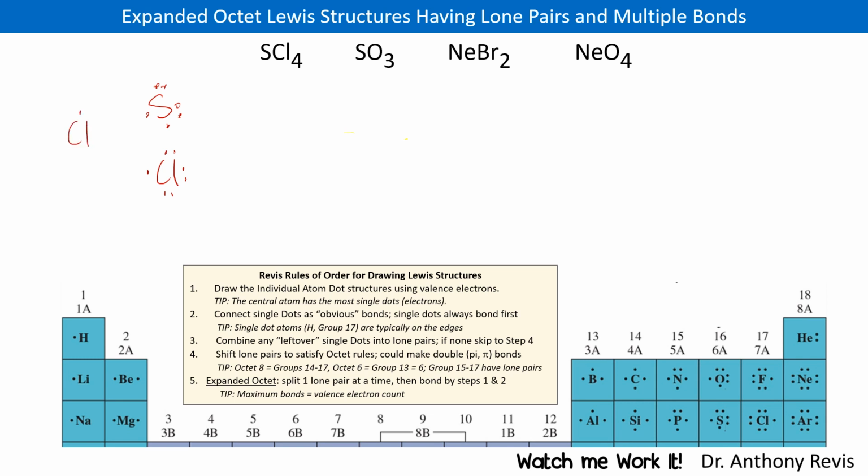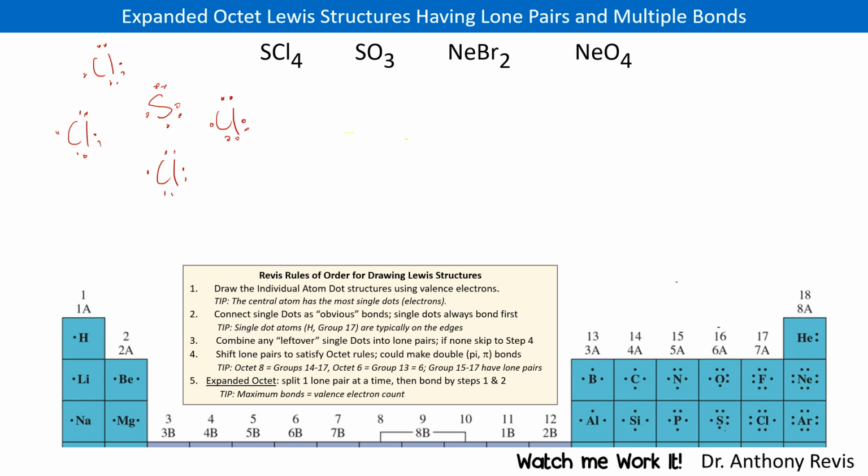So we'll get the same thing here. Just for discipline, I tend to keep following the same pattern. So here, Cl, 1, 2, 3, 4, 5, 6, 7. Make this a little darker. And I'm just going to put the other one right here. 1, 2, 3, 4, 5, 6, 7.